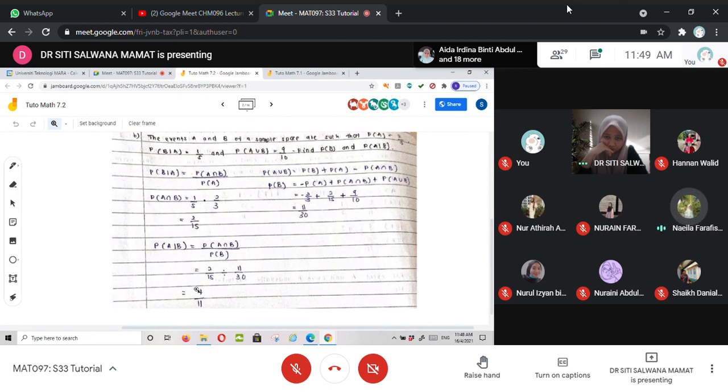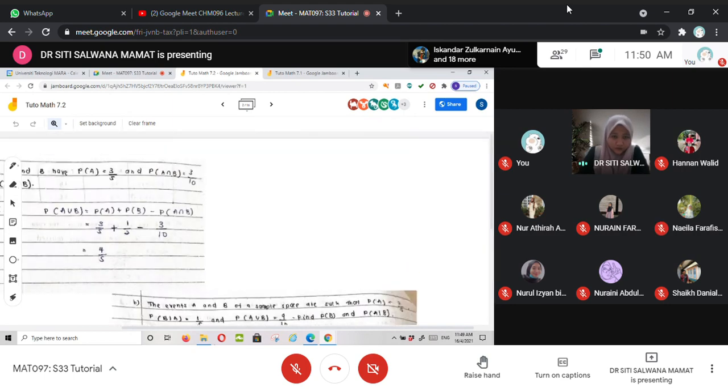Then to find probability A given B, we use the formula equal to probability A intersect B divide by probability B, substitute everything we have obtained, and we will get 4/11.